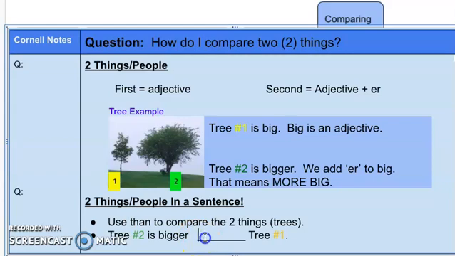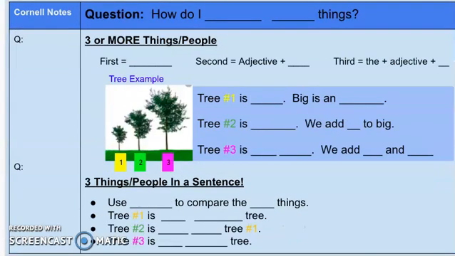Bigger than tree number 1. Okay, let's read this again. Tree number 2 is bigger than tree number 1. I'm going to put that in italics. Okay, students? All right, let's do slide 14.